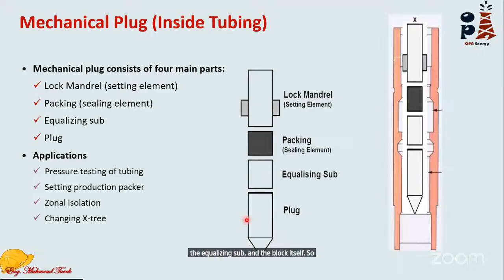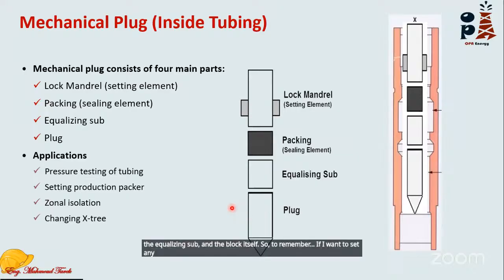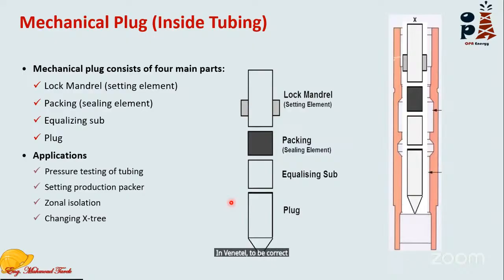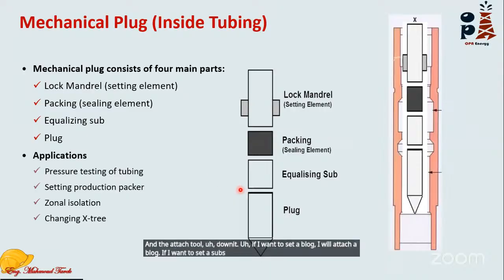To remember, if I want to set any subsurface device inside the tubing using the Slickline in the nipple, I will use this configuration: the lock mandrel, the backing element, and the attached tool down it. If I want to set a plug, I will attach a plug. If I want to set a subsurface safety valve, I will attach the subsurface safety valve, and so on.